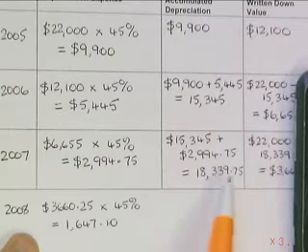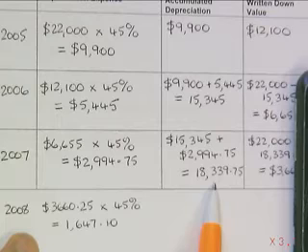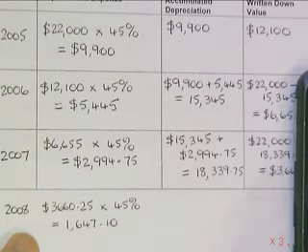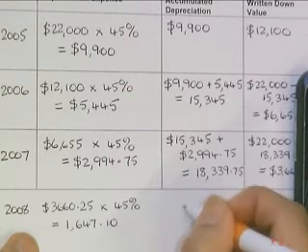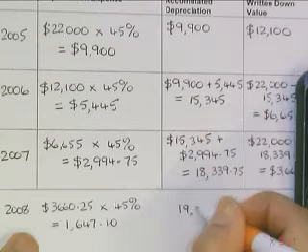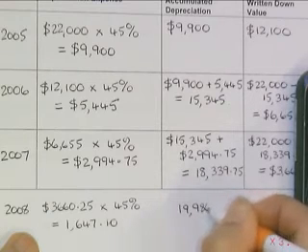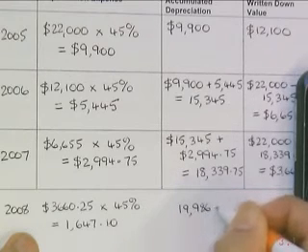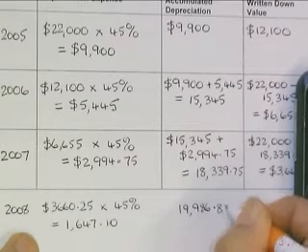If we now add that to the accumulated depreciation so far, the figure that we get is $19,986.86.